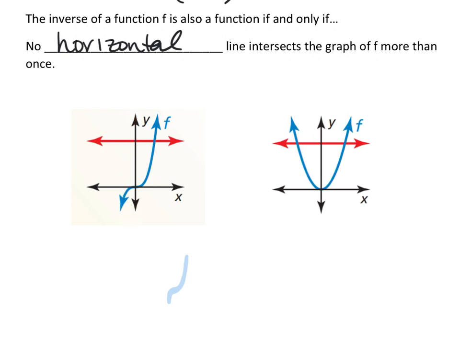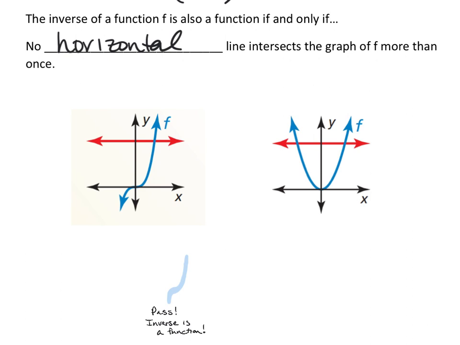No, so it passes the horizontal line test. So we would say that yes, the inverse of this function is a function, or it has an inverse. The inverse is a function. That's good, we want that to happen. If we do the HLT and it's a no, then that means we cannot find its inverse unless we do something weird to it.